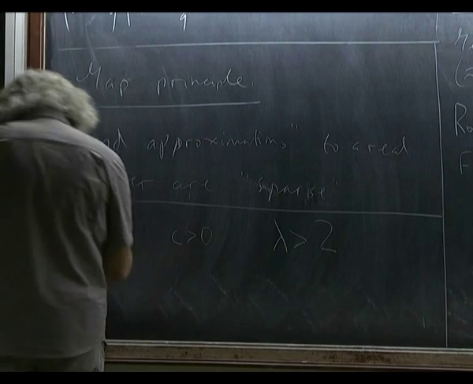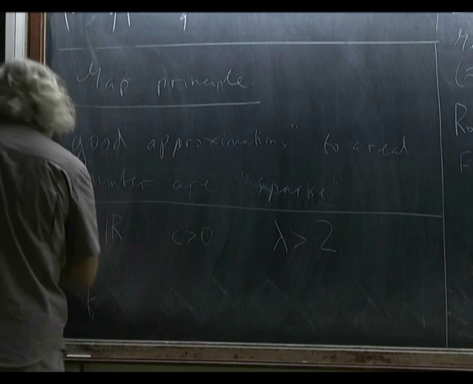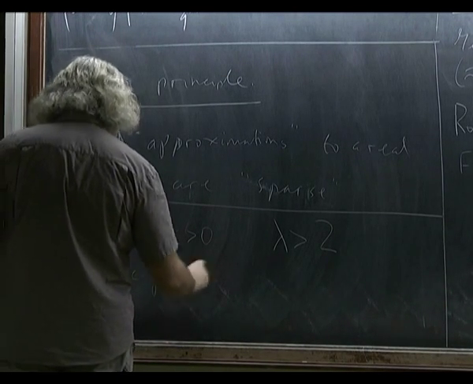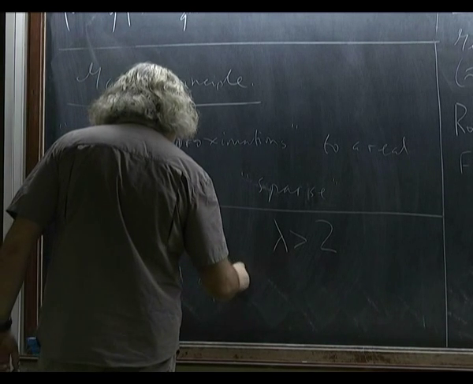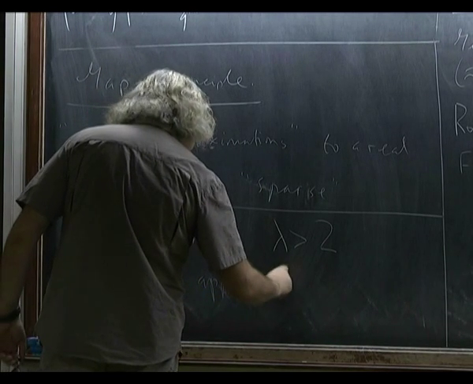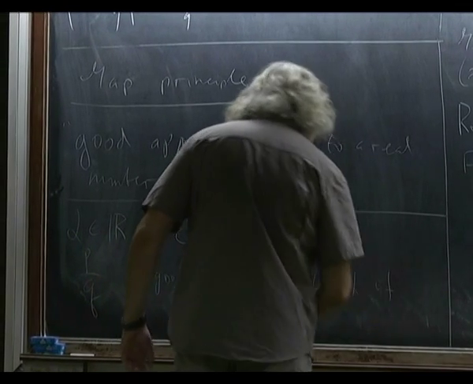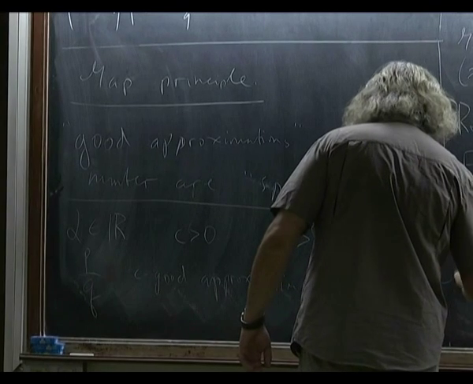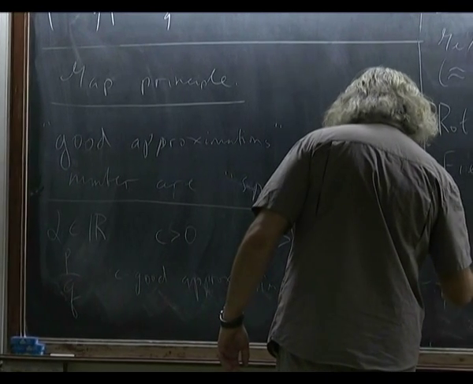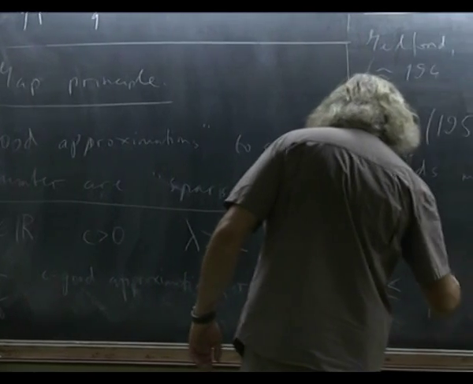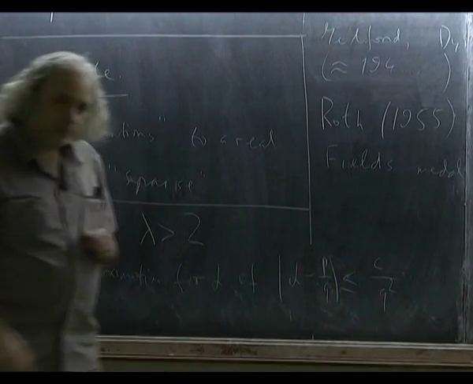Now we say that P over Q is a C-good approximation for alpha if we have the inequality |alpha - P/Q| < C over Q squared. Good?